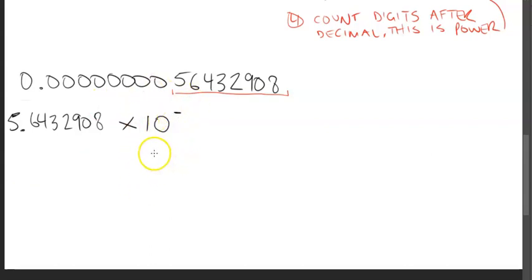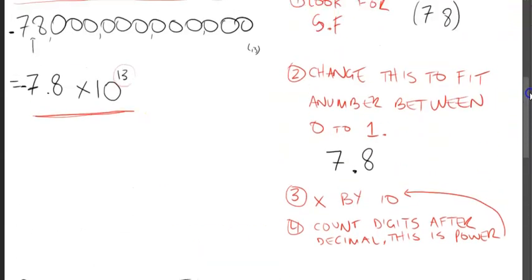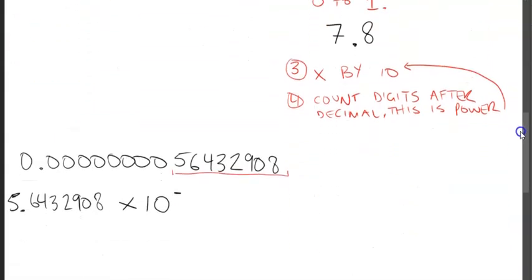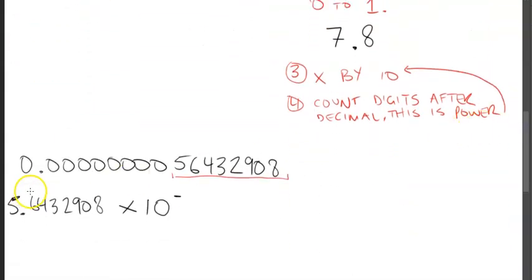And then what that number is, not like the previous example where we're counting how many numbers to the right of it there are. In this case, we're going to count how many zeros there are, including that first 0 there, okay? So 1, 2, 3, 4, 5, 6, 7, 8, 9. And there's my answer, okay? That's the scientific notation for it.